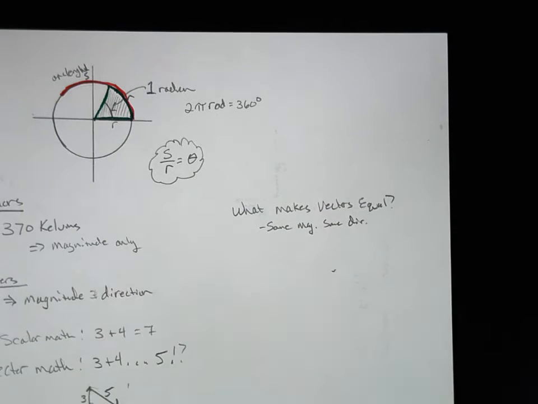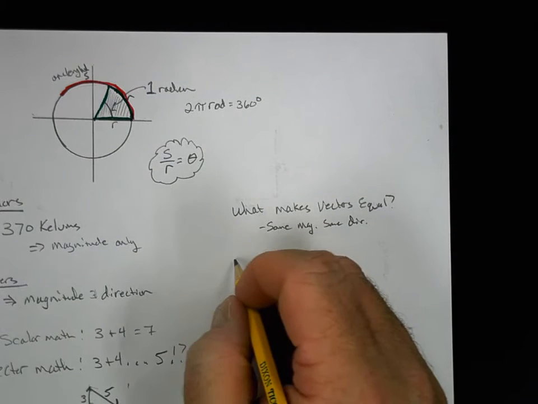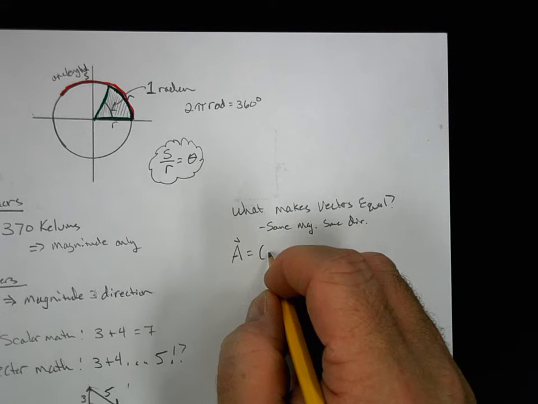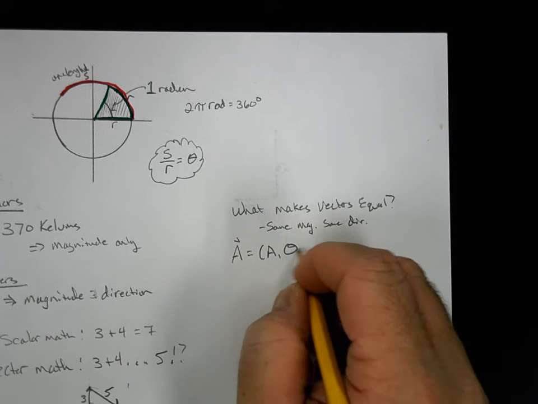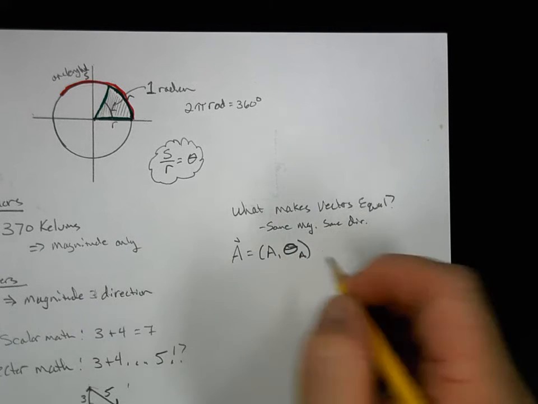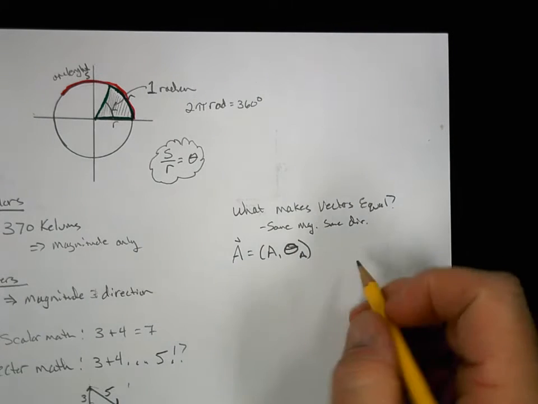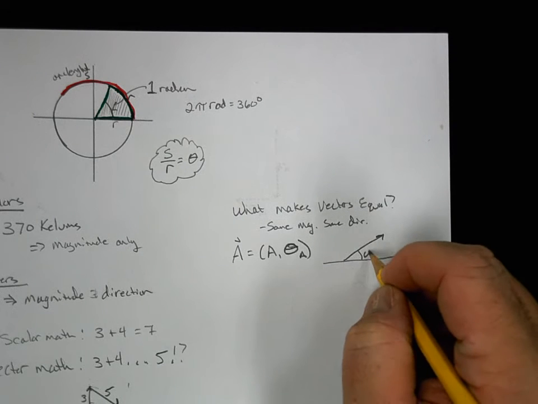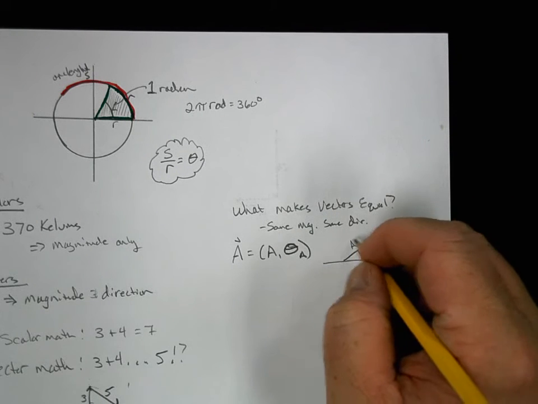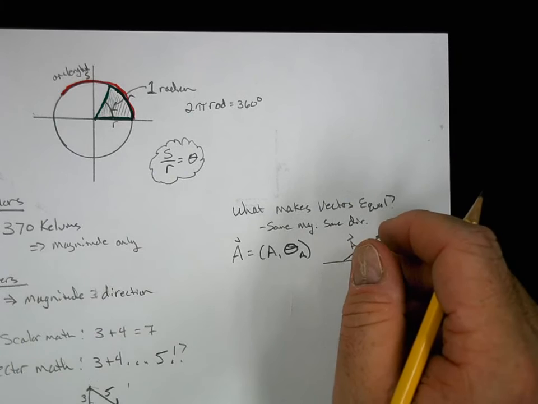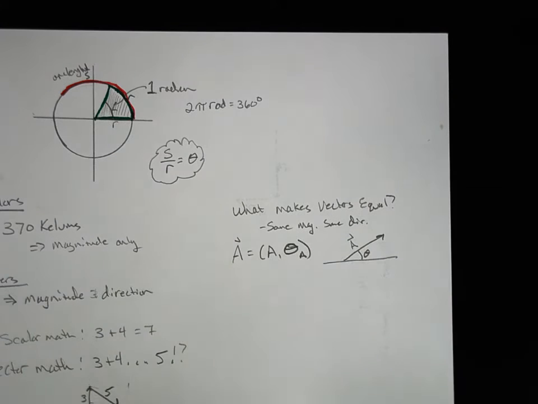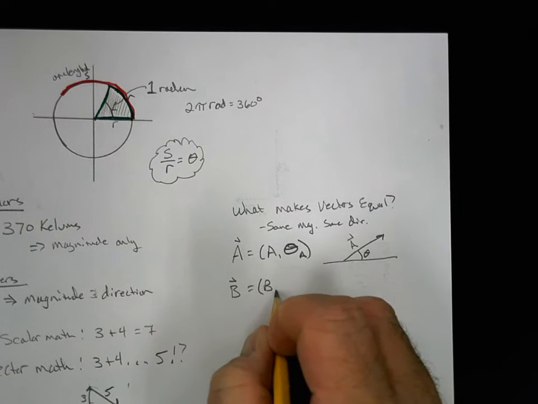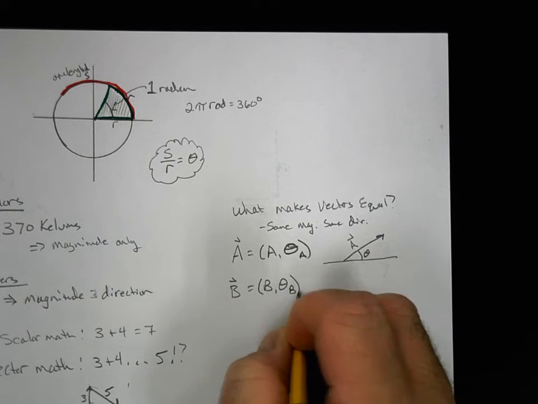So if we have a vector A given by magnitude A and theta A, and we have another vector B that equals B and theta B, and that has a similar look.